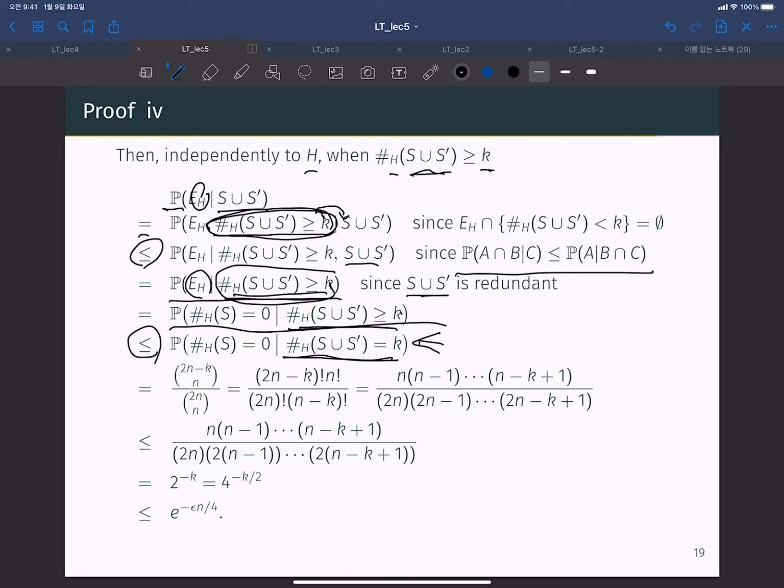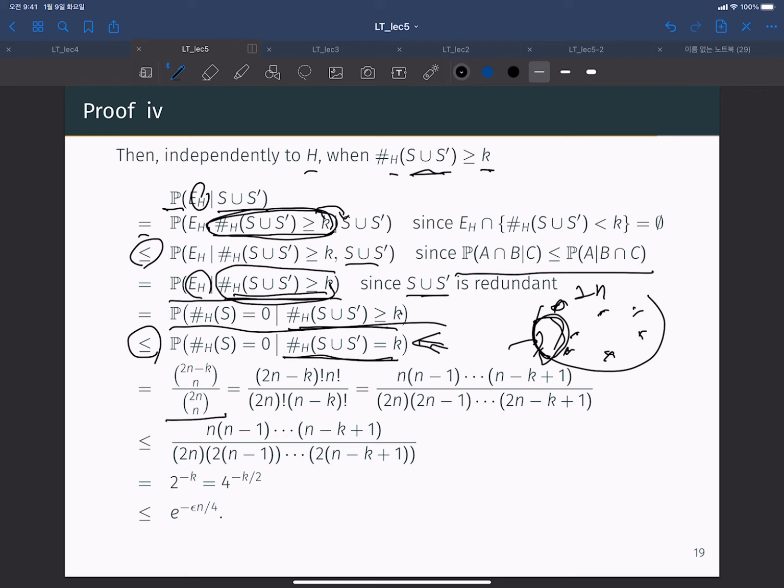Okay, so then what is the property of this? From 2n samples, there are k special instances which belong to the hypothesis H. And when you randomly split the 2n data set into n and n data sets, what is the probability that the randomly selected n data points do not include any special point?